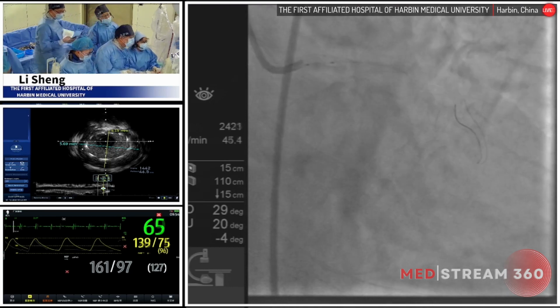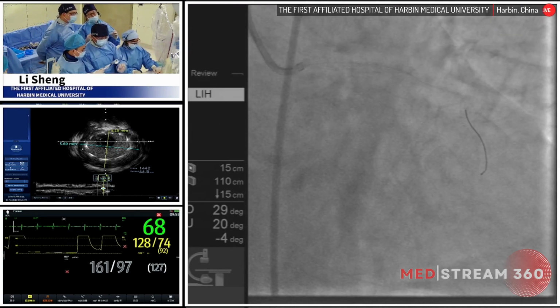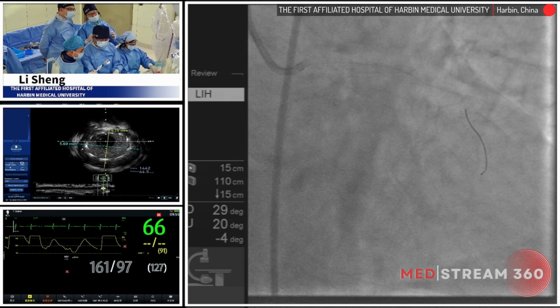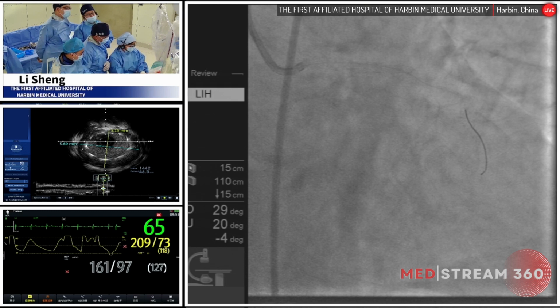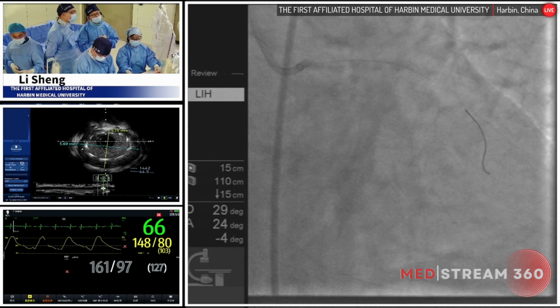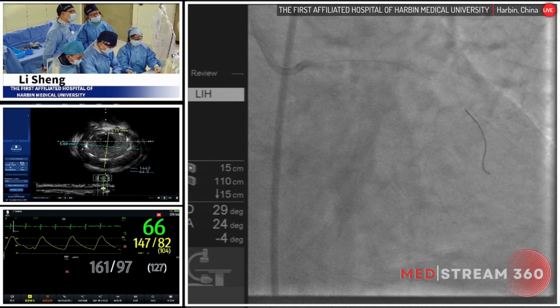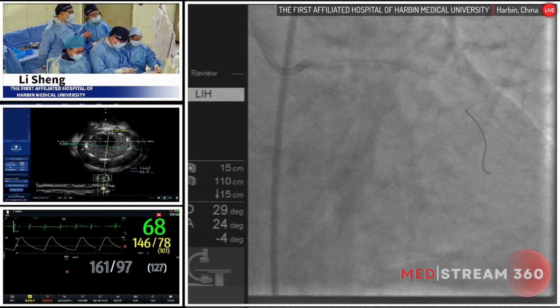Dr. Wang, the audience asks us a very good question. They want to know, should we consider the use of IABP or other circulatory supportive devices? What's your opinion? In this patient, during the first PCI procedure, we had an IABP on standby. In our mind, we all know that there's a collateral branch from the LAD to the RCA.